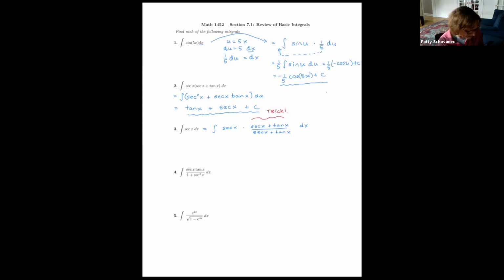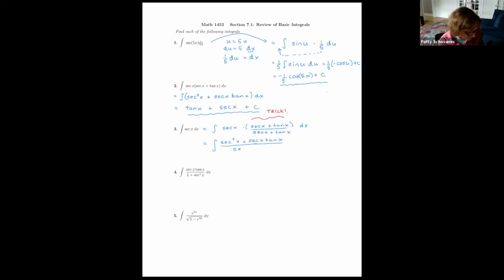When I do that, if I multiply the top out, I'm going to have the same integral that I had a second ago. So I'm going to multiply the top out and get secant squared of x plus the secant of x times the tangent of x.